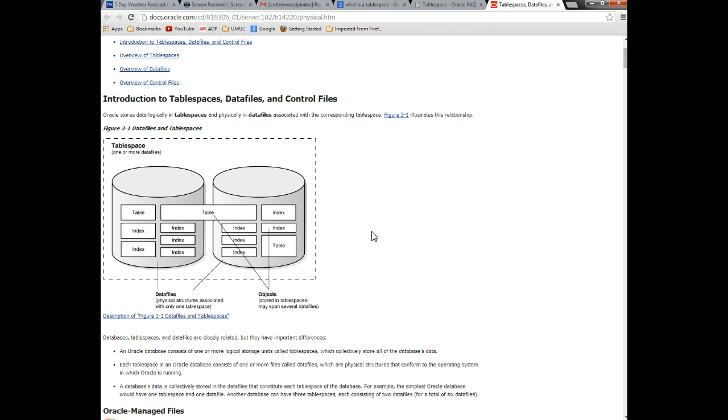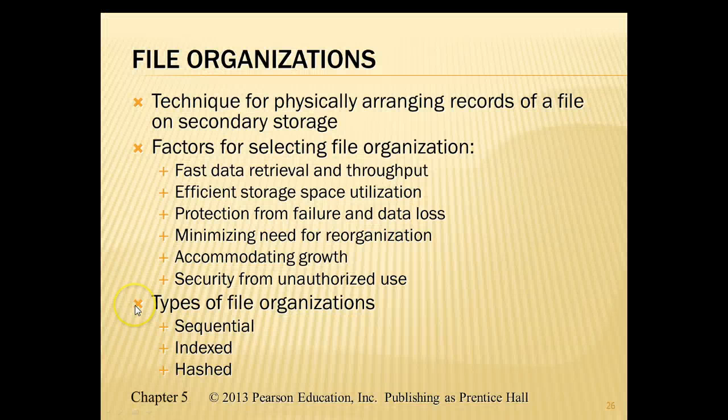The text talks about the physical file and the tablespaces and the like on pages 219 to 220, and then how those files are organized. So take a look at that, and it gives you a general understanding of how the files are going to be organized according to this text. Now, depending on the operating system and the database management system you're using, those organizations can be different.